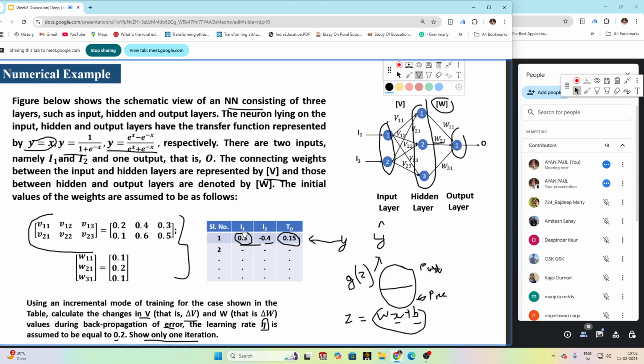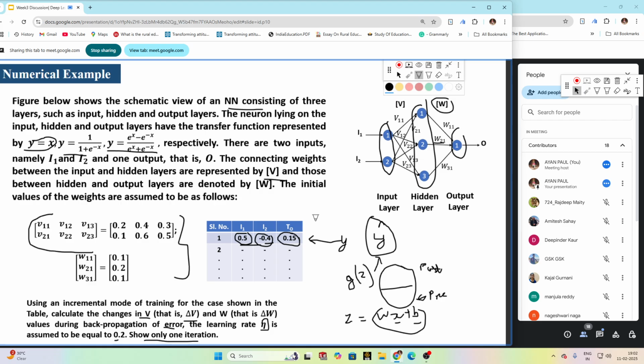So the I1 value will be 0.5, the I2 value will be minus 0.4, and this is the real output, that is 0.15. Now we have to find the predicted output y bar by our feed forward neural network, and whenever we get y bar or y hat, we have to calculate the loss function and then solve the rest.